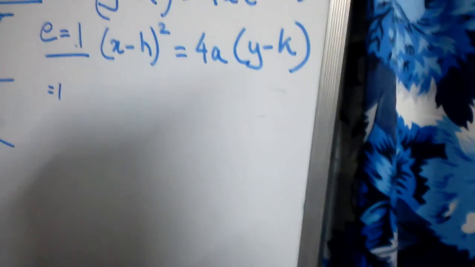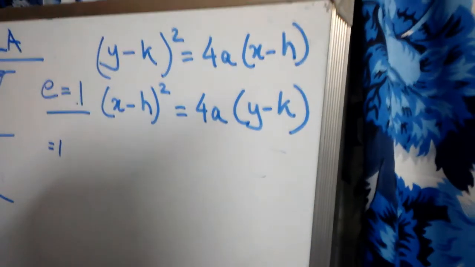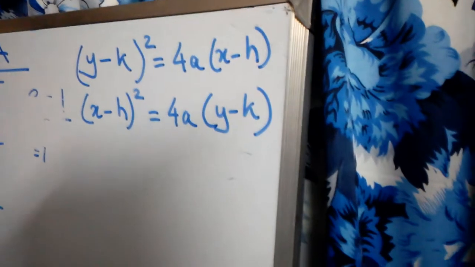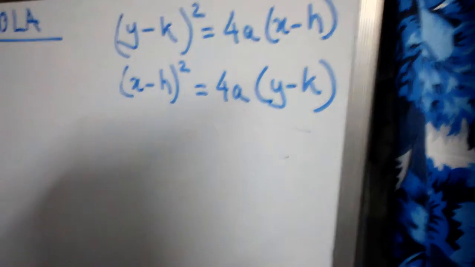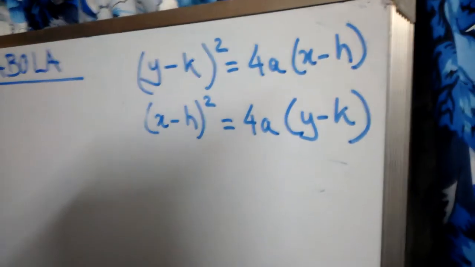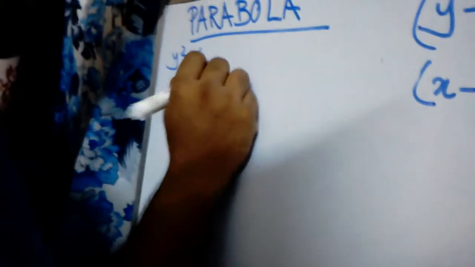The two different equations we see here have two different geometric figures. Now, suppose we take the equation y square is equal to 4ax. This equation is similar to this one.